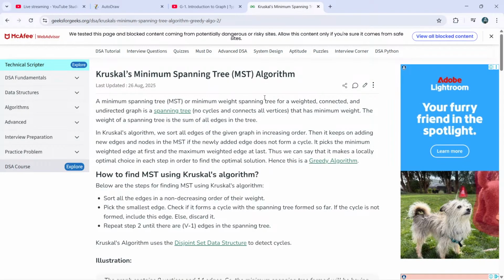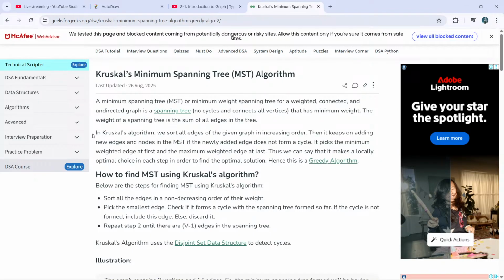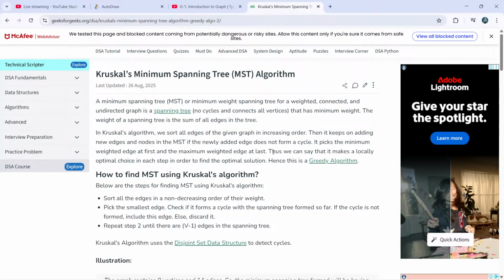For those who don't understand this line, let me repeat it again. In Kruskal's algorithm, we sort all edges of the given graph in increasing order. Then it keeps on adding new edges and nodes in the MST if the newly added edge does not form a cycle.